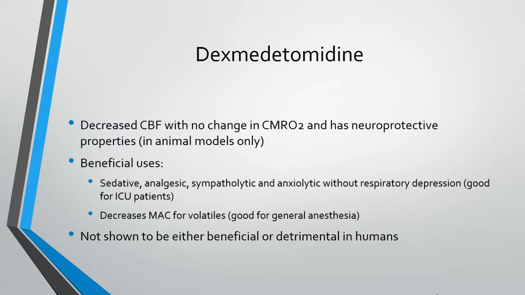It's a sedative, it's an analgesic, and it can cause a lot of anxiolysis without causing the respiratory depression that we worry about with benzodiazepines. It also is useful for general anesthesia: volatile anesthetics aren't the best for the brain, and dexmedetomidine allows a lower dose of volatile anesthetics to be used, which means that you're using less of a medication that's bad for the brain.